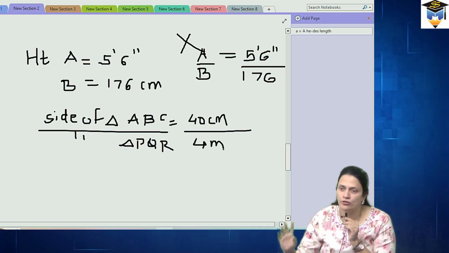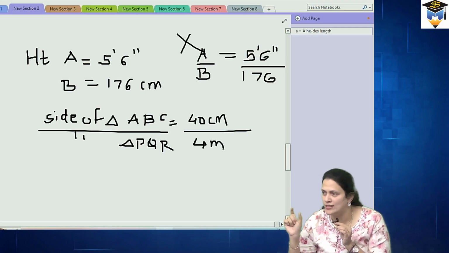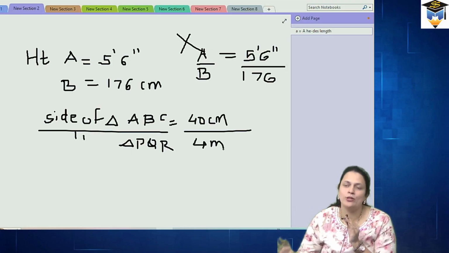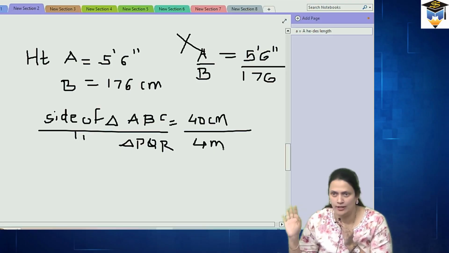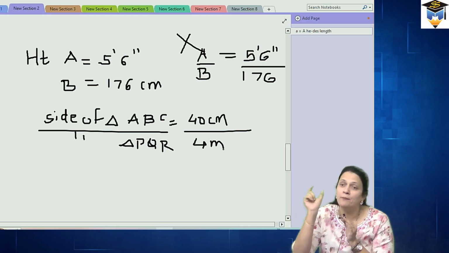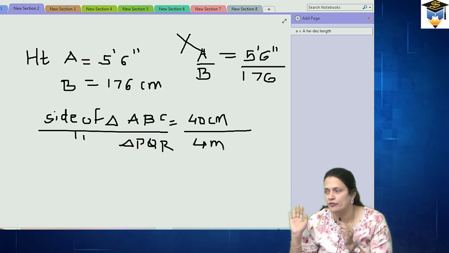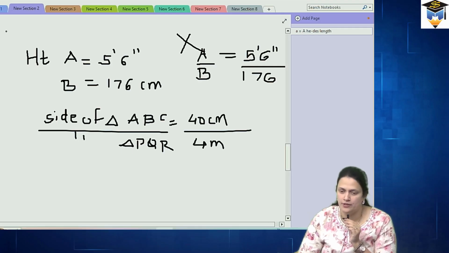So what do we need to do? We need to convert it into the same unit. Now tell me, 1 meter is equal to how many centimeters? 100. When you convert a bigger quantity to a smaller quantity, what operation do you perform? Multiplication.